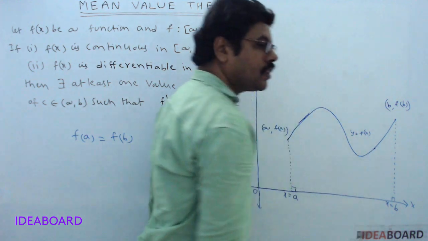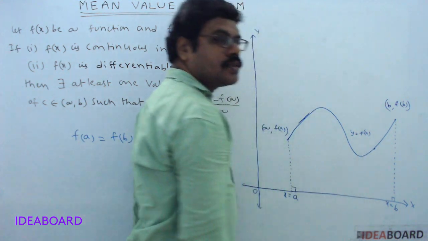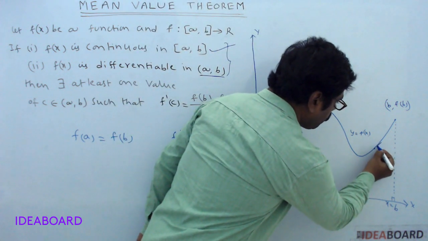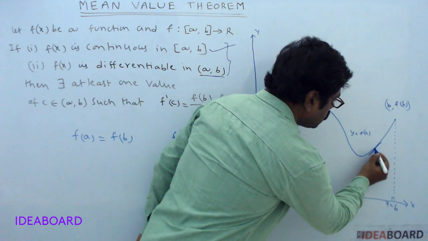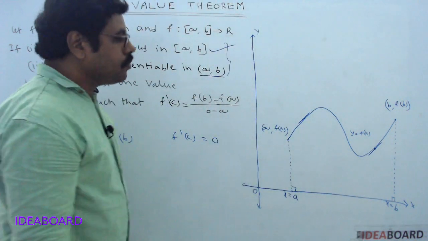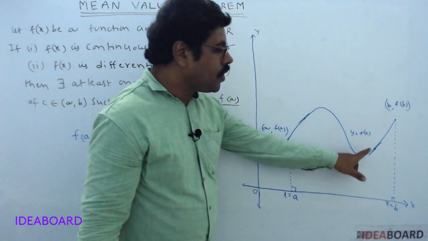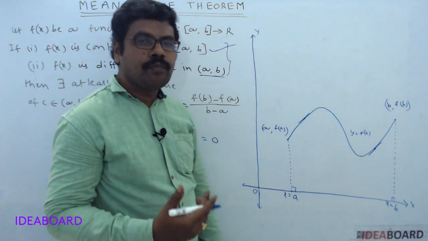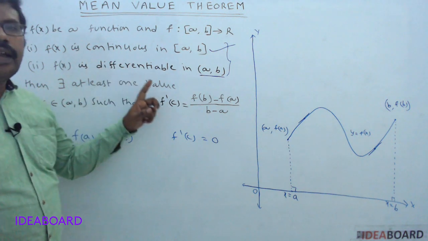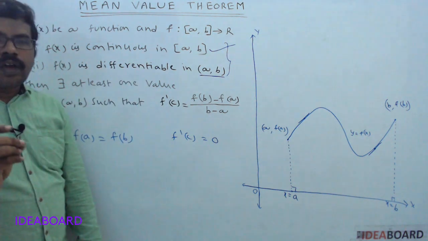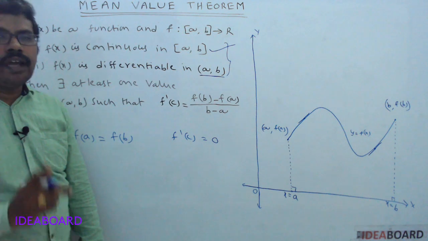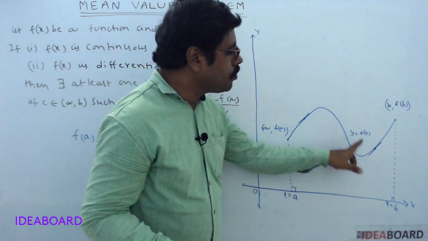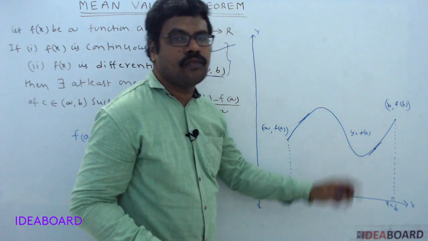At this point also, how many tangents can you draw? Only one tangent. It means at any point on the curve, you can draw only one tangent. It means f(x) is a differentiable function. f(x) is a differentiable function means there exists a unique tangent at any point on its graph.